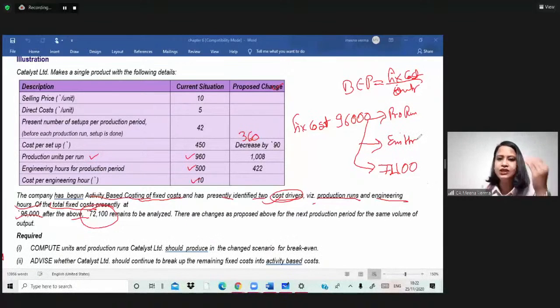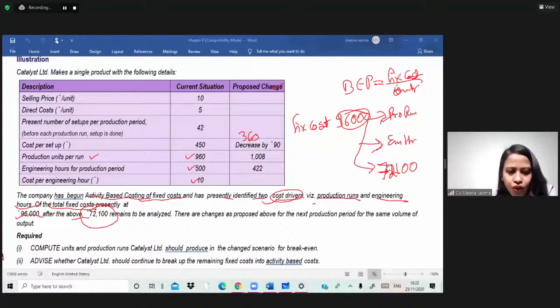After bifurcation of the total fixed cost on the basis of these two cost drivers, we will be left with a fixed cost of 72,100.